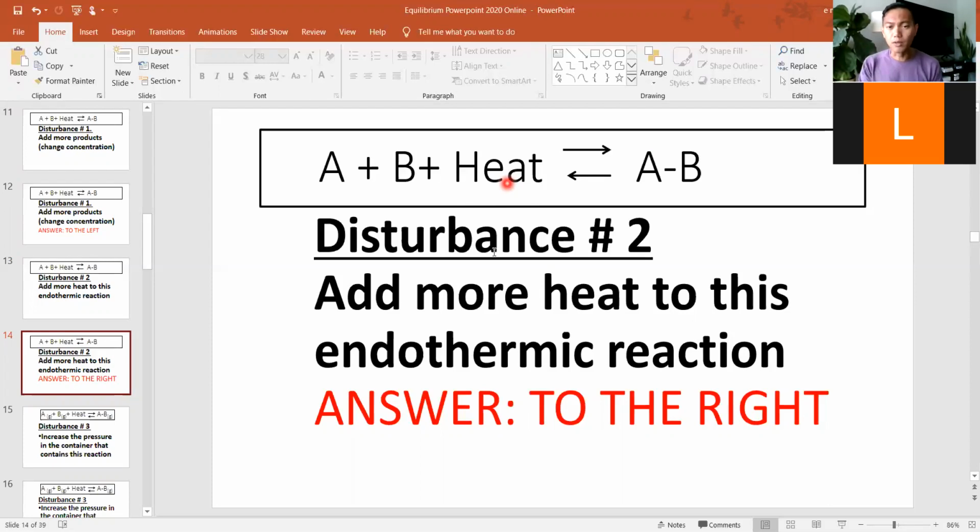And then in the description, it might indicate that it's endothermic. But to help you visualize that, because it's endo, I added the word heat to give you a hint that it acts as if it's a reactant. So now, disturbance 2, because we are adding more on this side, the tendency is it wants to go away from that side, so it will lead towards the right side, the product side.